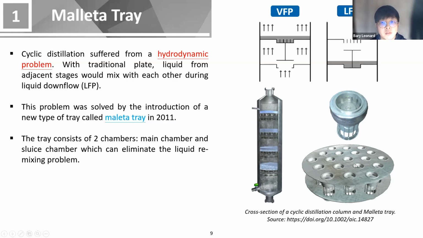Using this type of tray, we have the main chamber up here, where the liquid will be retained during the vapor flow, and the vapor liquid separation will occur. And the other chamber is called the sluice chamber, where it just acts as a temporary liquid storage during the liquid flow period.